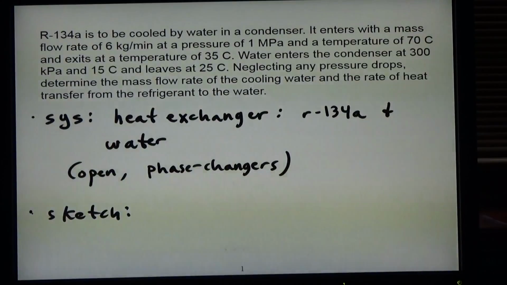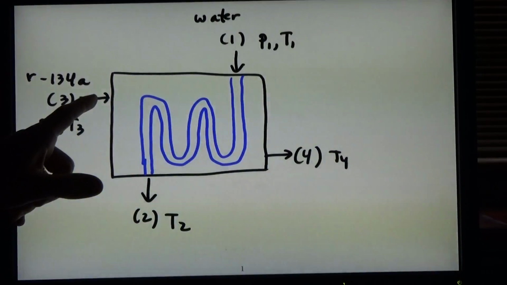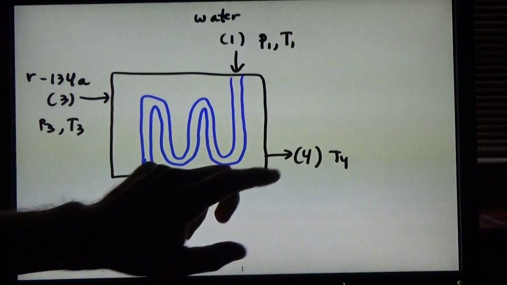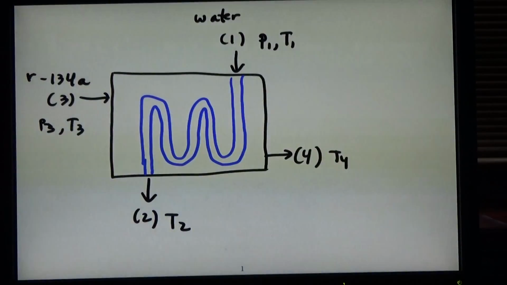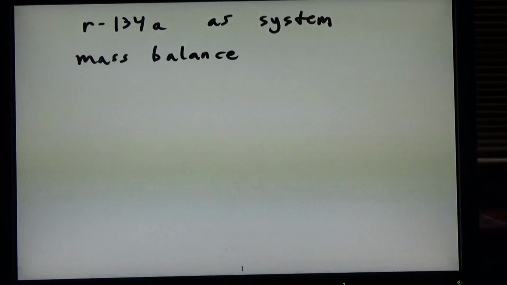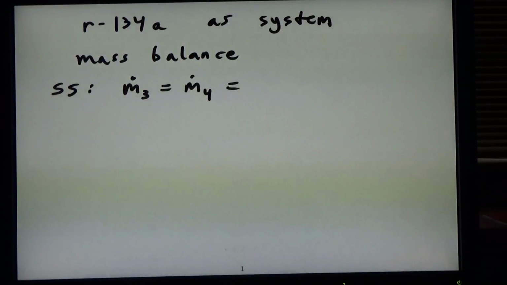And just like the water, the refrigerant has one inlet, one exit. It never mixes with the water, so it is a single stream system by itself. So the mass balance says m dot 3 is equal to m dot 4, or that is the mass flow rate of the refrigerant, which is the one that we know.